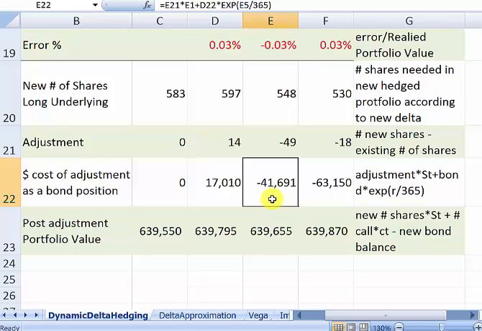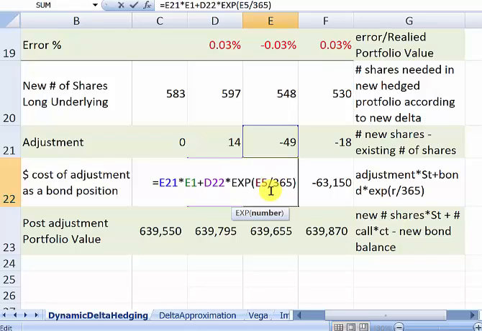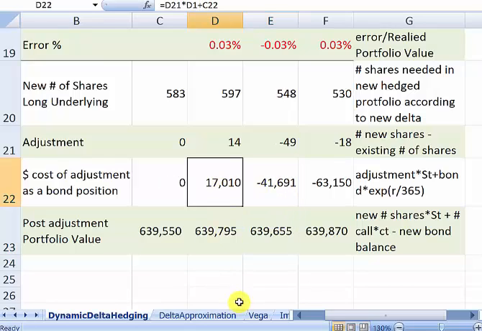It's an asset now. And what it's saying is basically the proceeds from the selling of the shares not only pay back the money borrowed on the previous day, but also have a balance, right? 41,691.